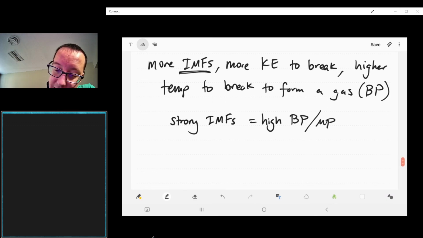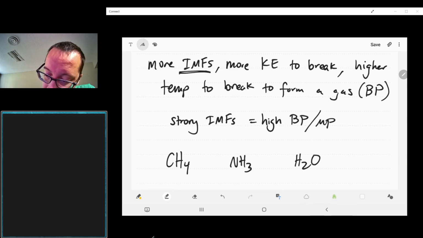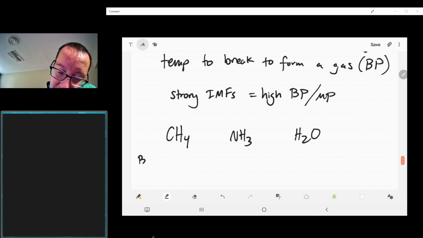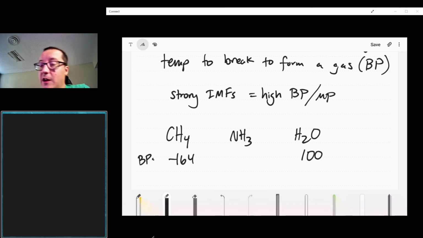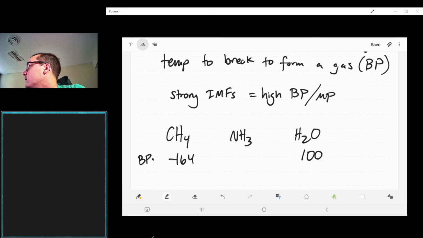And so we're going to see that methane, if we look at the boiling points of these three compounds, methane's boiling point is negative 164, and water's is going to be 100. Let's look up ammonia's boiling point. Ammonia's boiling point is negative 33.